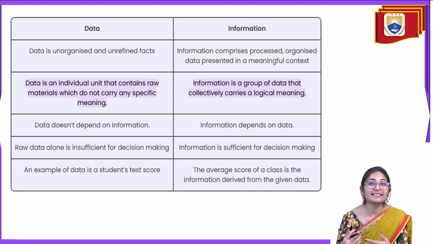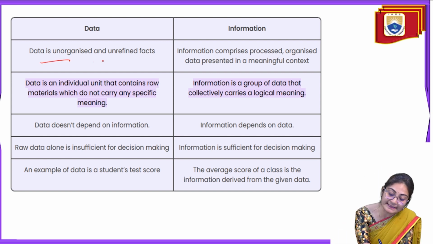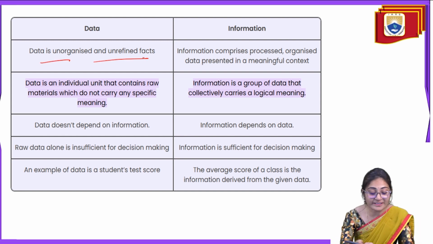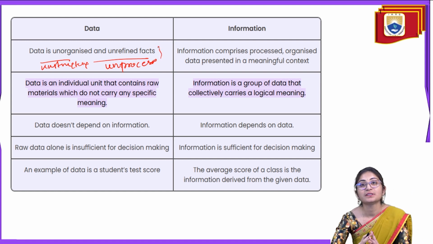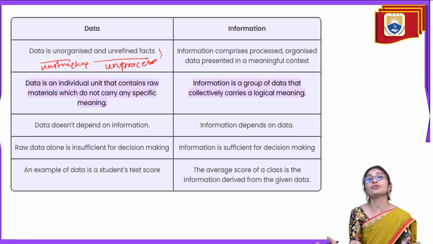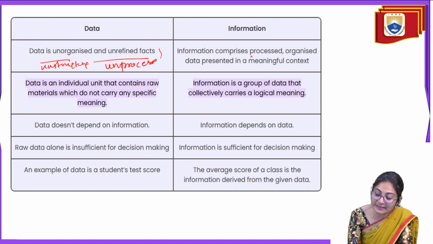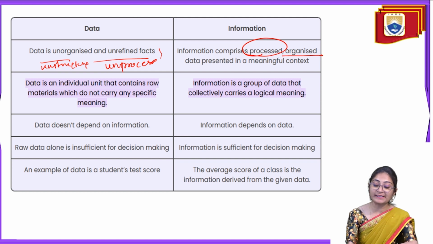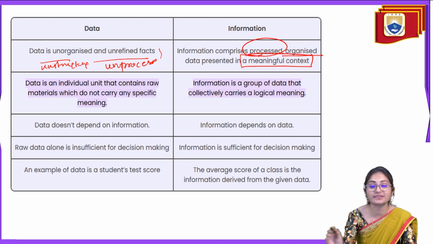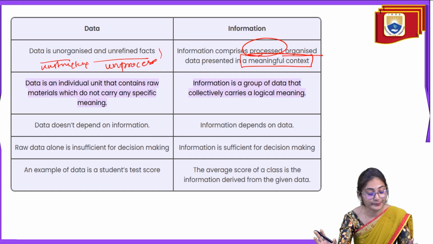So that data is unorganized, unrefined, unstructured, unprocessed. But what about information? Information is totally the opposite of data. Information will be in processed, organized format, and in a meaningful context. The data will be meaningful.